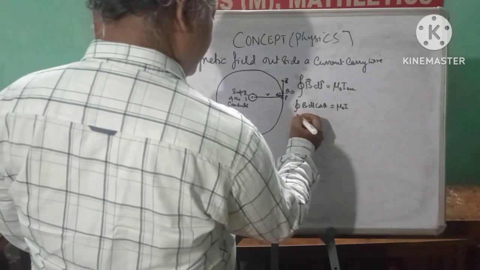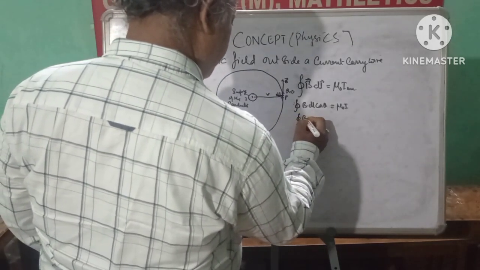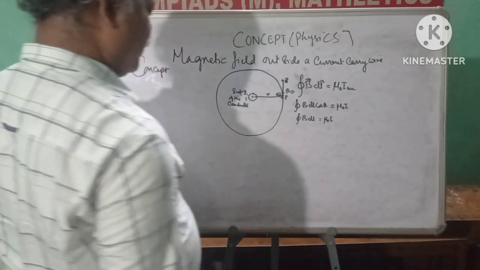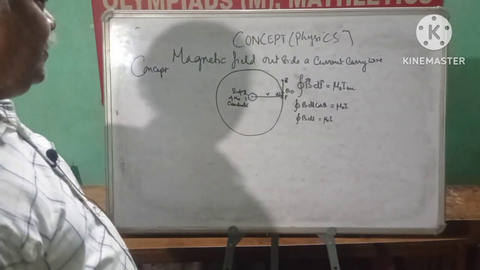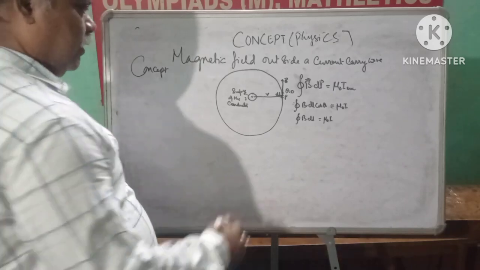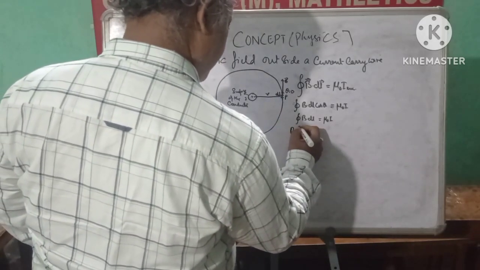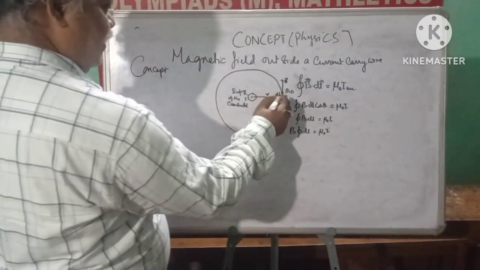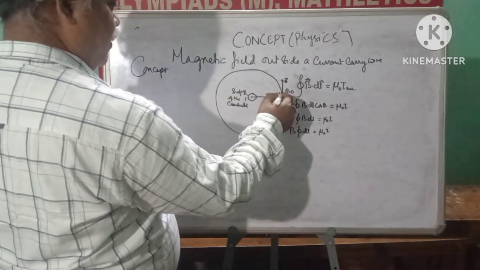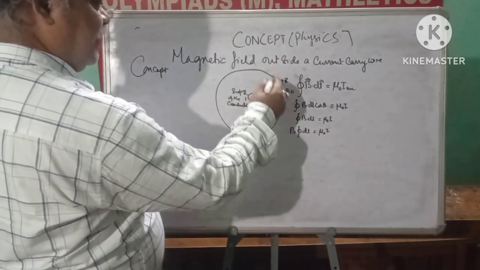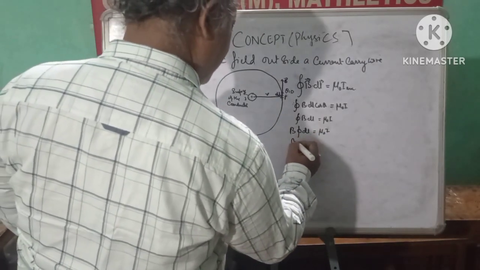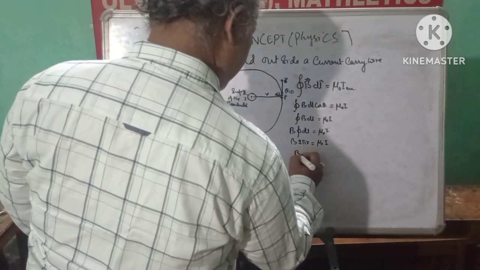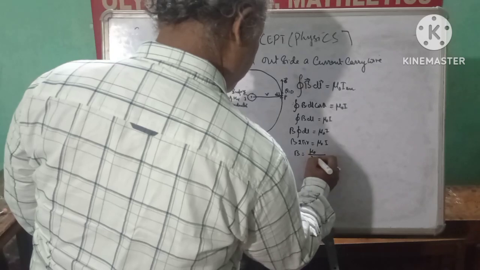So now the cyclic integral of B dl is equal to mu naught I. B is constant, so B times the cyclic integral of dl equals mu naught I. The cyclic integral of dl for the whole loop is the circumference, 2 pi r, so B into 2 pi r is mu naught I. So B will be mu naught I by 2 pi r.